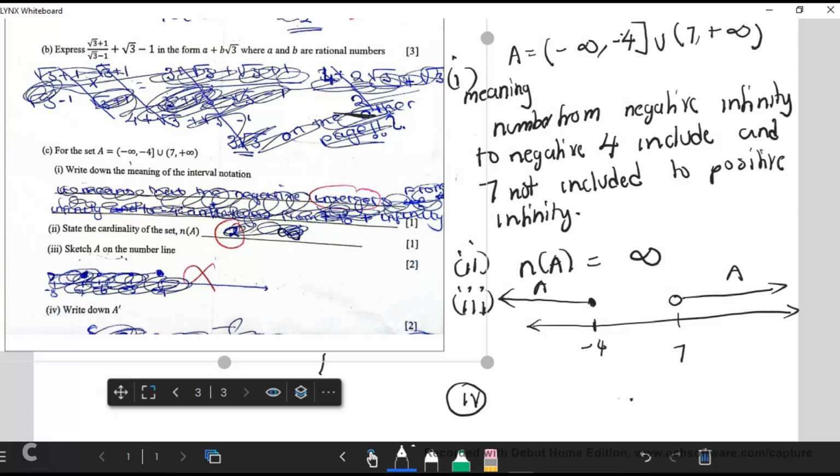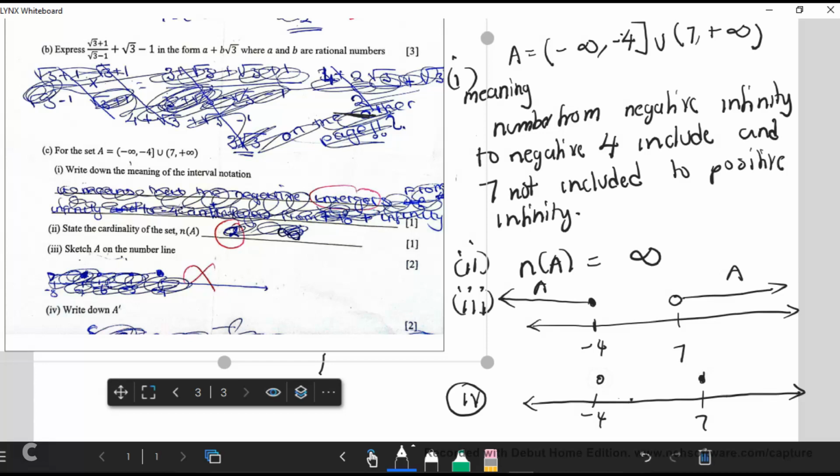How about if they ask you to calculate A prime now? Here we are looking for A prime, the numbers that are not found in A. Remember, the ones found in A are from this side and this side. Meaning the ones not found in A start from here to here.